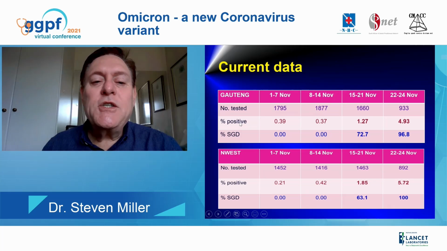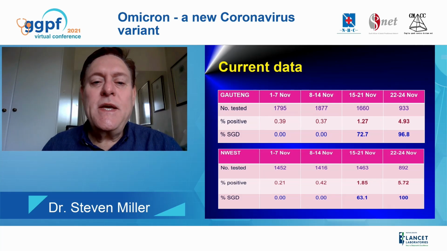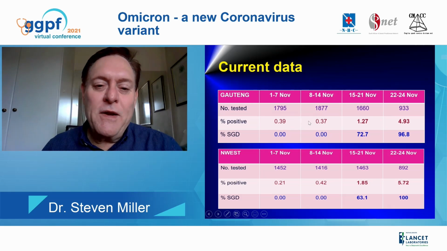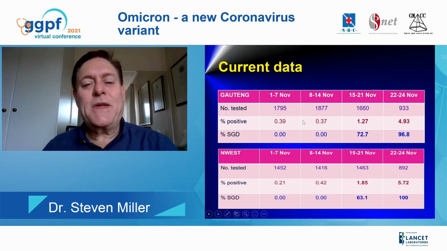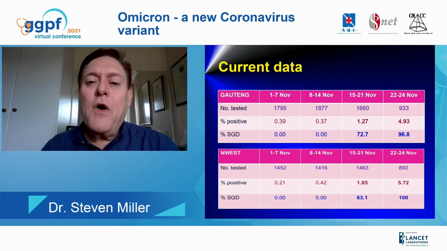This is the percentage positivity for COVID. So as you'll see in the early part of November, positivity in Gauteng, like the rest of the country, was extremely low. And I think this is when everyone got a little bit complacent and thought we were out of the woods. But from midway through November, as you can see, the percentage positivity has started to dramatically increase.